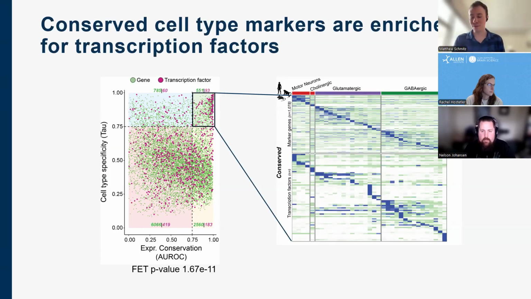This is something you might expect, where these transcription factors are defining cell type identity. You can see that in our little heat map, they are specific, and they define the cell types and control gene expression to keep cell types in their identity.